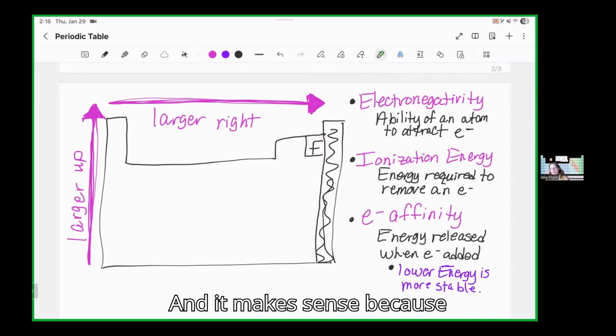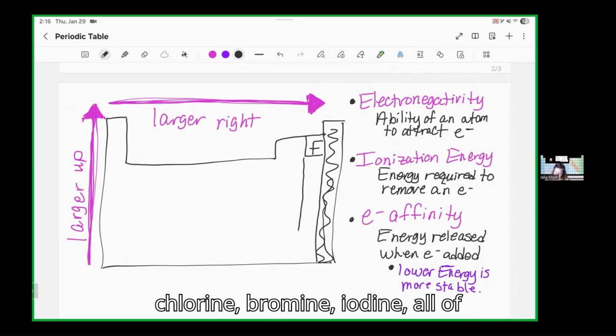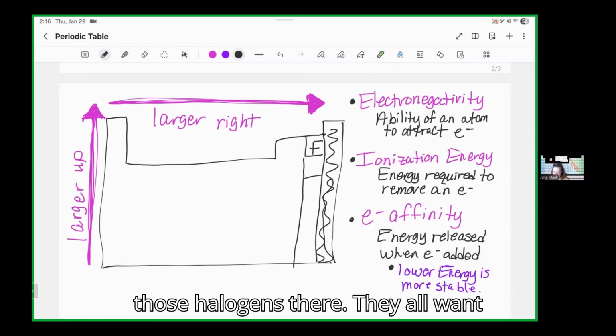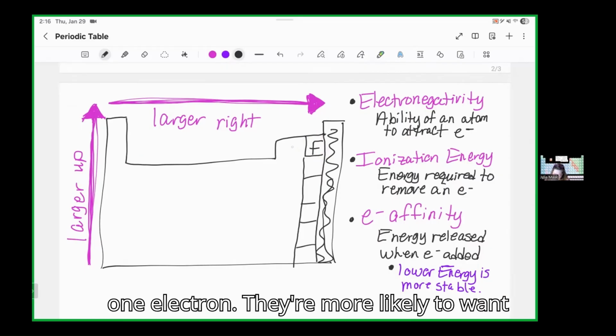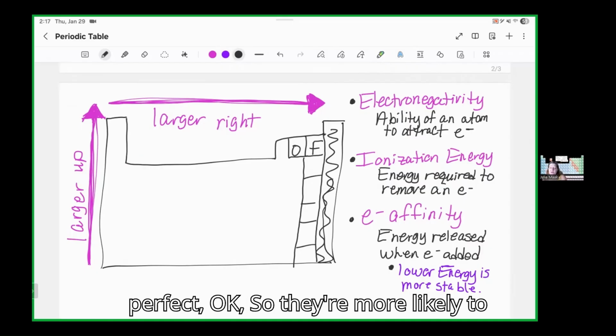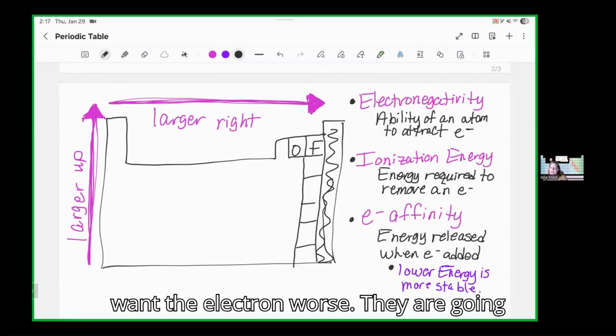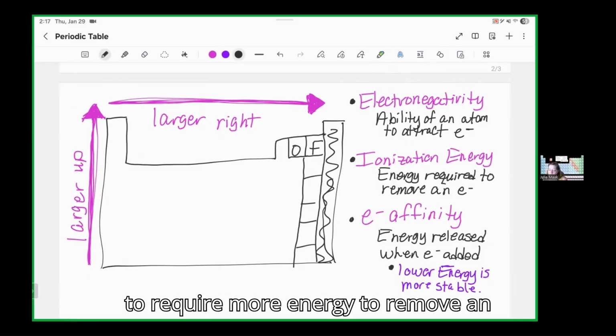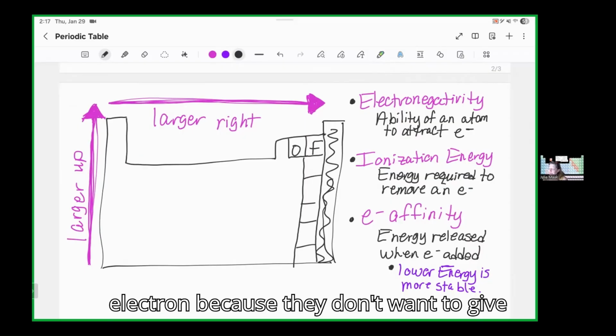It makes sense because this whole group here, fluorine, chlorine, bromine, iodine, all of those halogens, they all want one electron. They're more likely to want the electron than oxygen is, because they're closer to perfect. They are going to require more energy to remove an electron because they don't want to give up an electron.